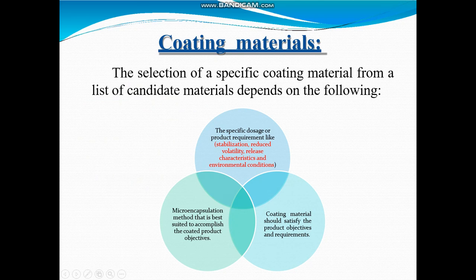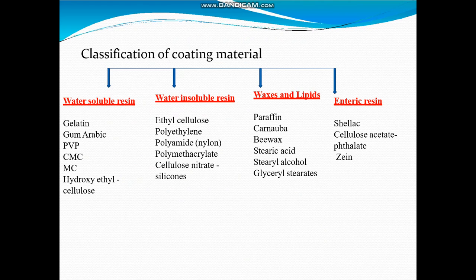The third is the microencapsulation method that is best suited to accomplish the coated product objectives. So the selection of coating material is very important regarding the stability of the product, reducing volatility, release characteristics, and environmental conditions.